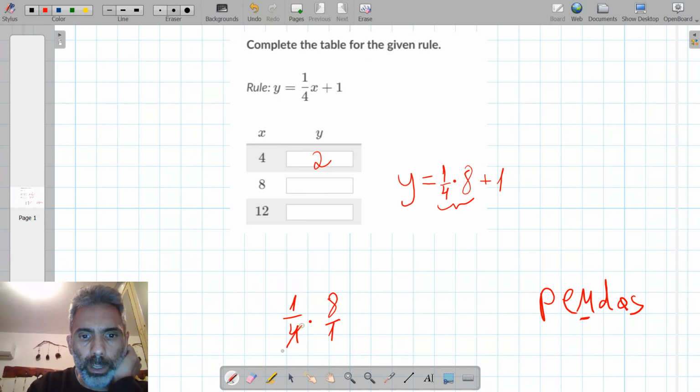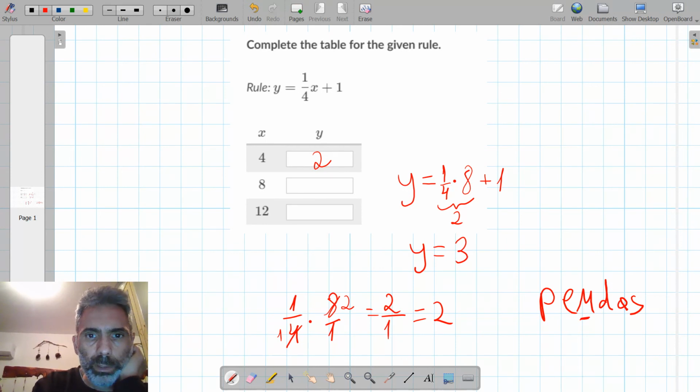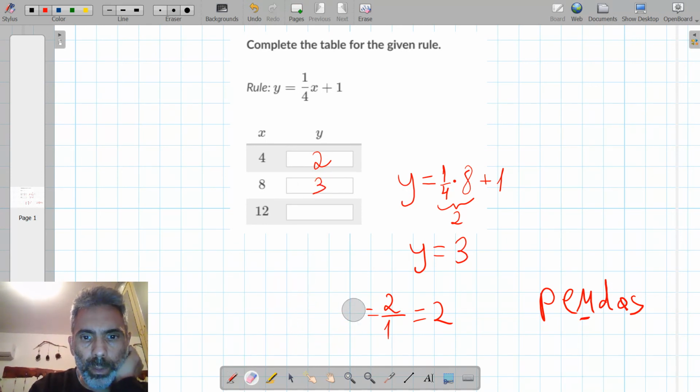We can simplify this. 4 divided by 4 is 1. 8 divided by 4 is 2. So 1 times 2 equals 2 over 1 times 1 is 1, which means that 1/4 of 8 is 2. So y equals 2 plus 1, which is 3. So in the second row, y equals 3.